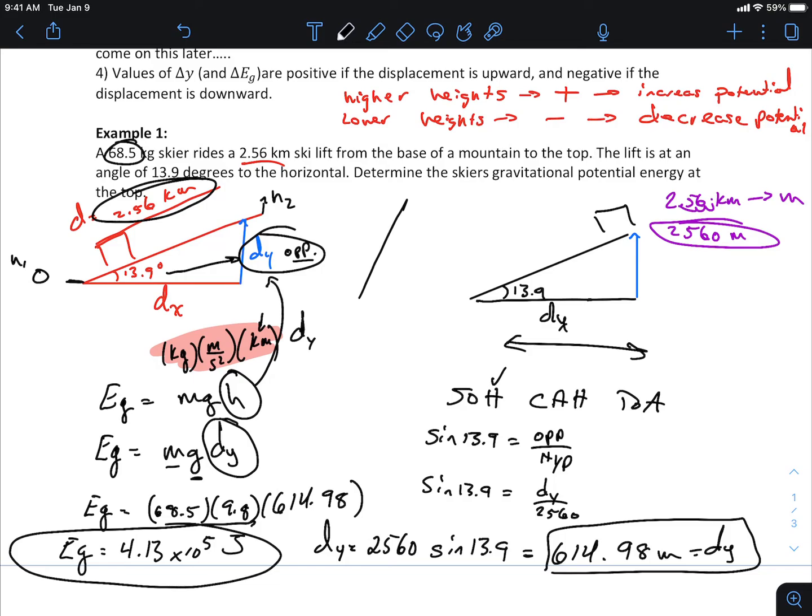Anybody have any questions with that one? So that's not as complicated as an inclined plane force question. You just have to figure out what the dy value is. When you see gravitational potential energy, you should be thinking height. The change in height controls that.